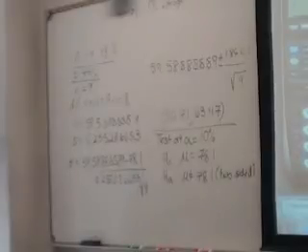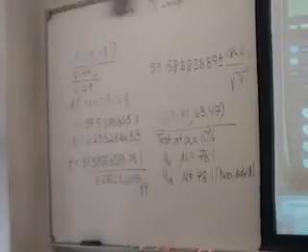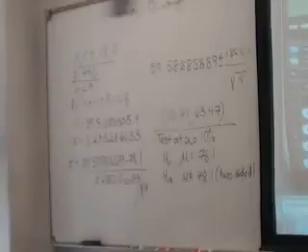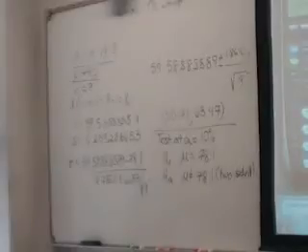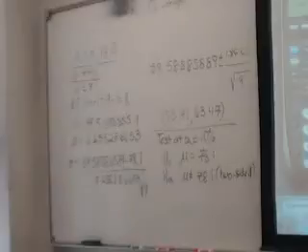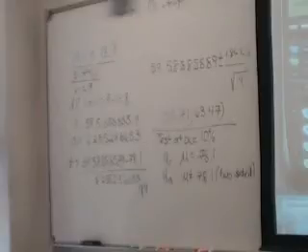So, mean of list 1, or type in that 59 point blah blah blah all the way to the end. Minus our claimed mean of 78.1. They're all in percents, so you don't need to make any conversions there.